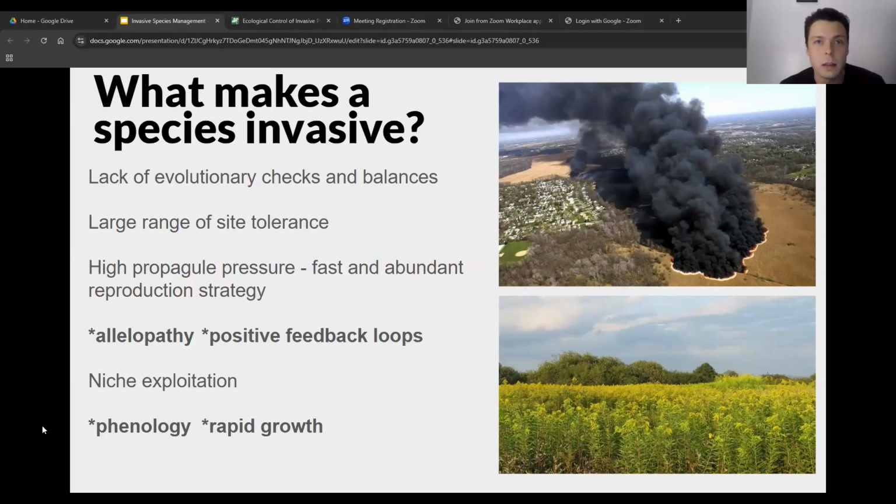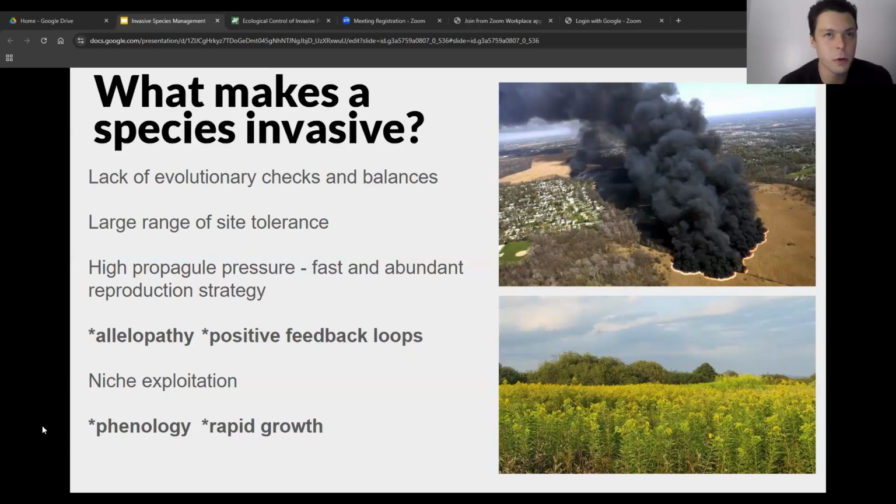So defining invasiveness is all about these functional traits, and some of them include what's called allelopathy. That's just a fancy word that means the plant produces chemicals that inhibit the growth of its competition, other plants. We were talking about honeysuckle earlier.